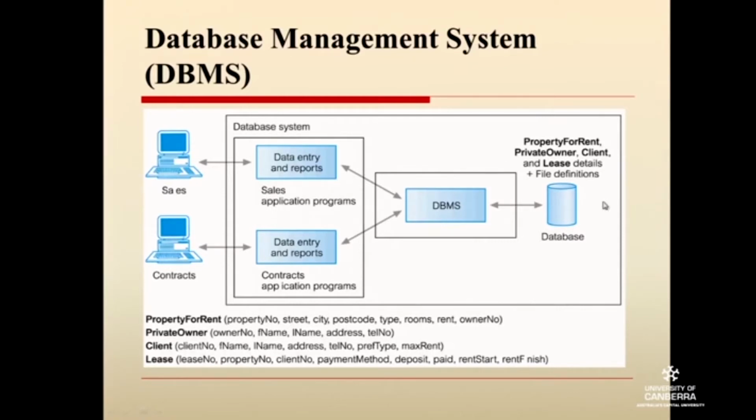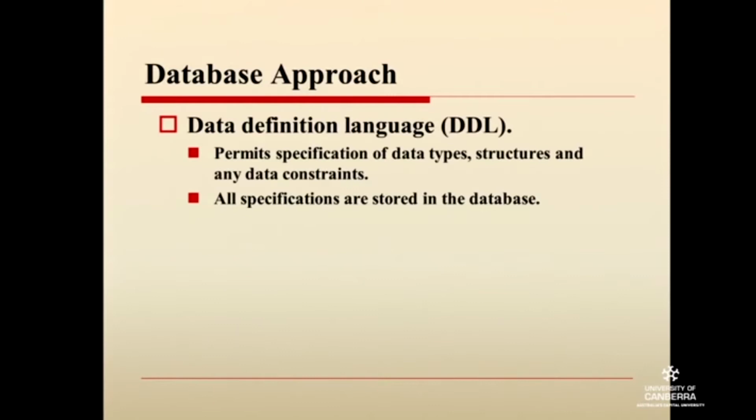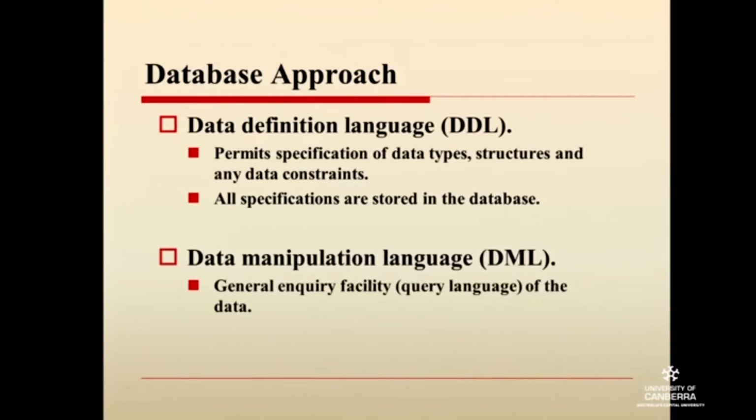This software is the interface for doing all the tasks. And a database management system comes with two languages, one for defining the database, one for manipulating the database. That's what's called data definition language and data manipulation language. The data definition language allows you to create a database. Data manipulation language allows you to insert data, retrieve data, update data, delete data.